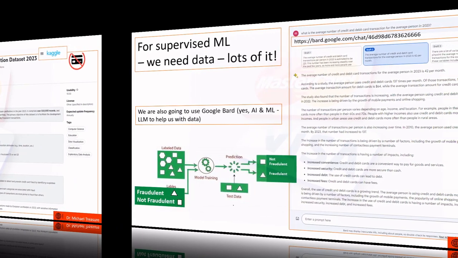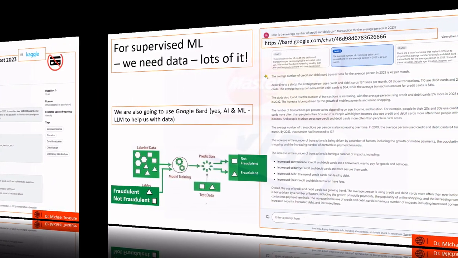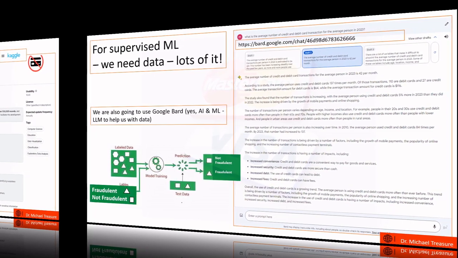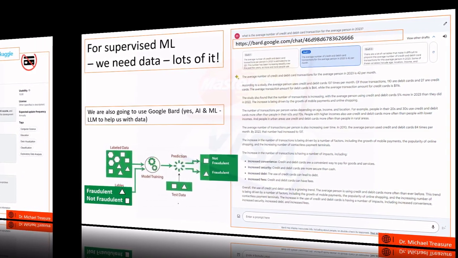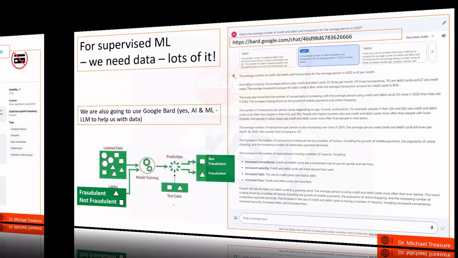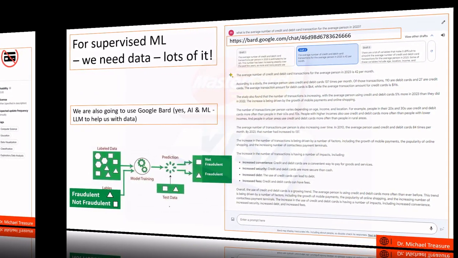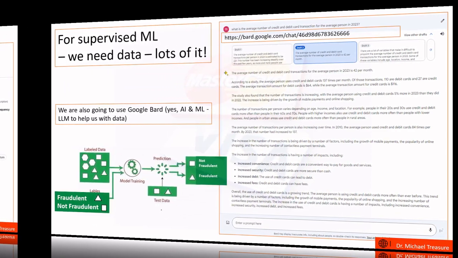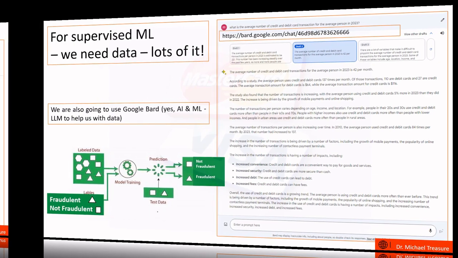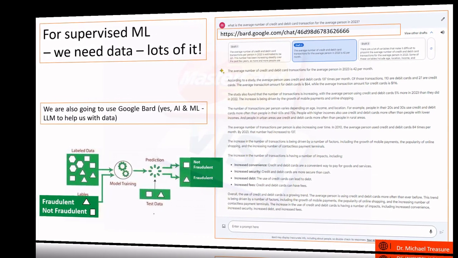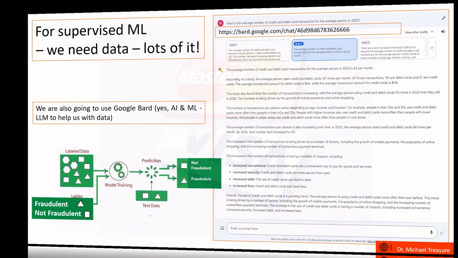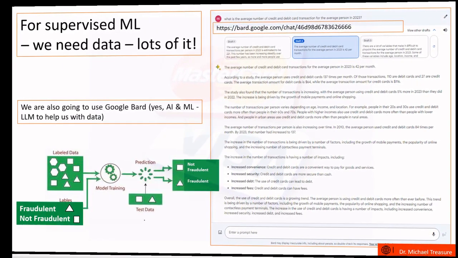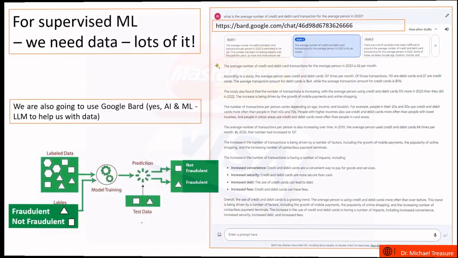The question we asked Bard was, what is the average number of credit card and debit card transactions for the average person in 2023? Bard came back with a detailed set of answers, as shown here. In one answer, Bard cited a study that said the average number of credit and debit card transactions per average person was 137 per month. 110 were with debit cards and 27 were with credit cards.